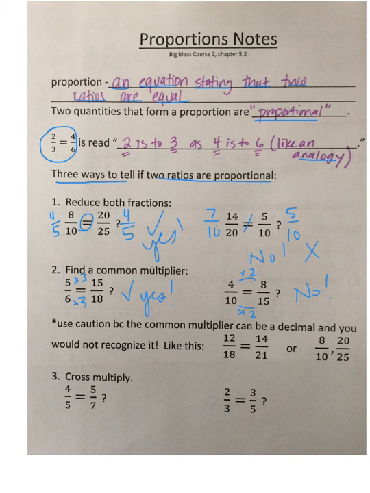The only problem with the common multiplier is you must use caution, because the common multiplier can be a decimal and you would not recognize it. Like this, 12 and 14, 18 and 21, those don't look like they're even, but they are because they're both equal to 2/3.